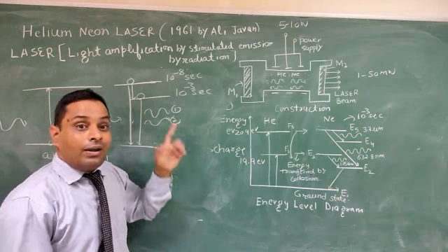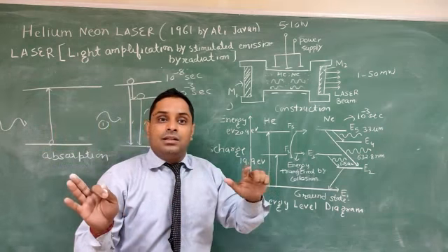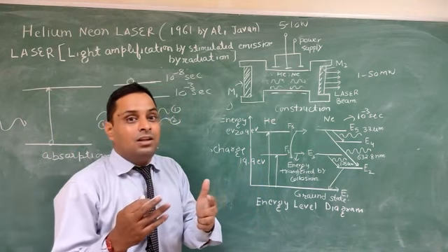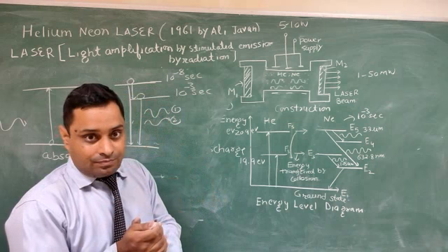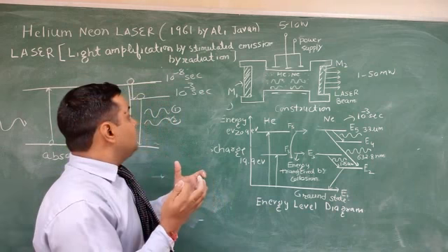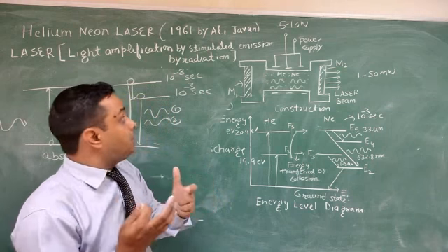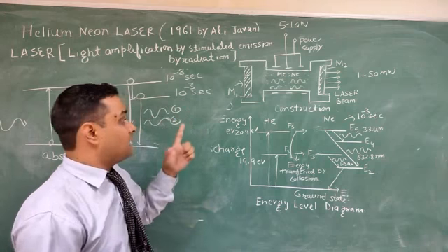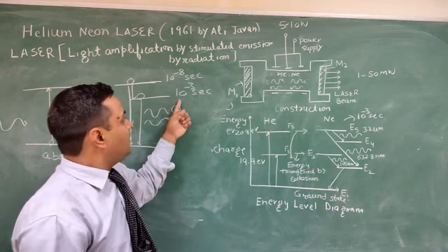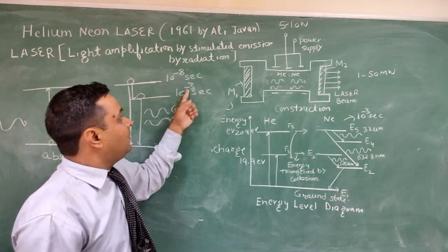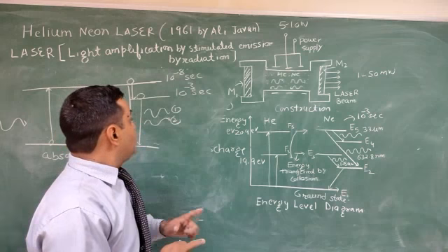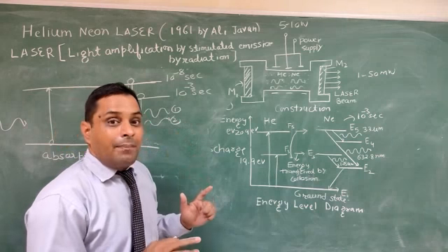That is why not every material can produce a laser. Only those solids or gases which have a metastable state produce a laser. The characteristic of the metastable state is that the lifetime of the atom is 10⁻³ seconds. Understand? So this is the basic principle.